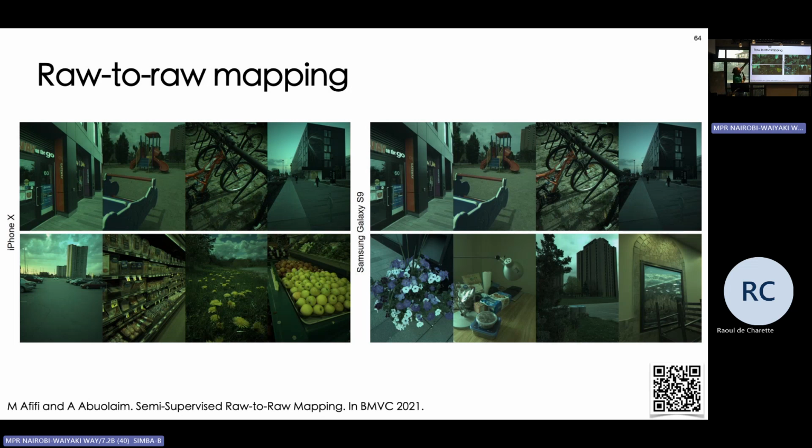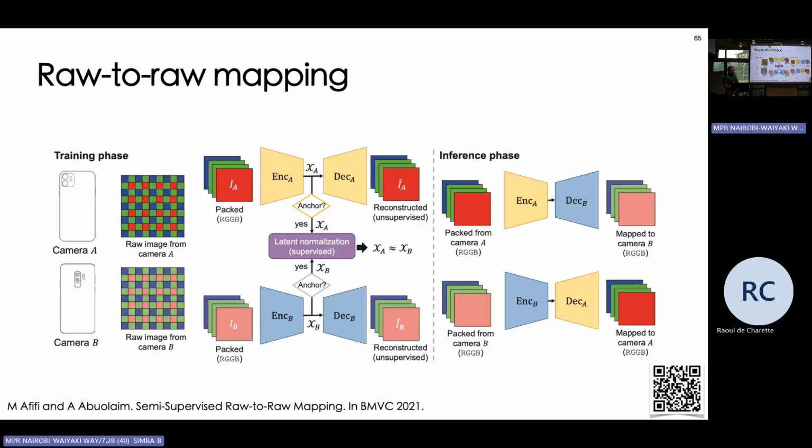And we need a few paired images, like 20 images, something in that range. And we have a very simple encoder-decoder scheme. So we take images from camera A, go through the encoder-decoder and do self-supervised or unsupervised reconstruction, just trying to reconstruct the image from the input to the output. The same for camera B, right?